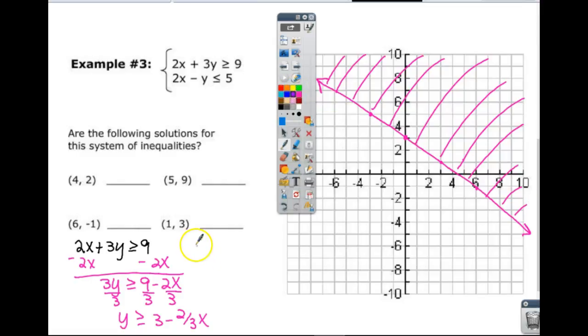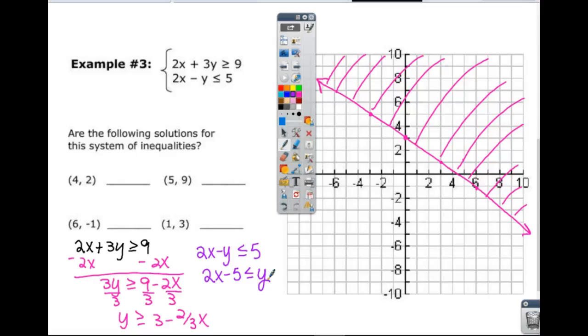So then I'm going to have this one, and this is a minus y, right? So can I add the y to this side and subtract the 5? I'm going to get 2x minus 5 is less than or equal to y. If you did it the other way, you have to divide by -1 and change the sign, which gives you the same thing.